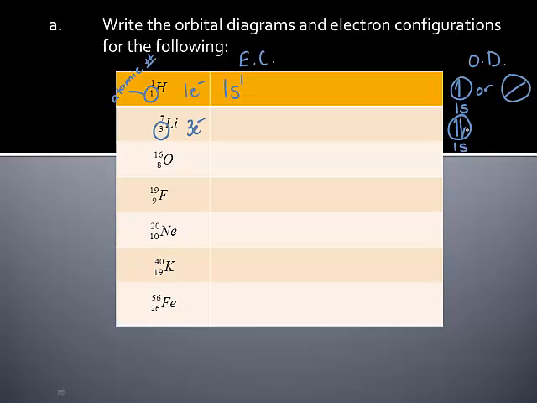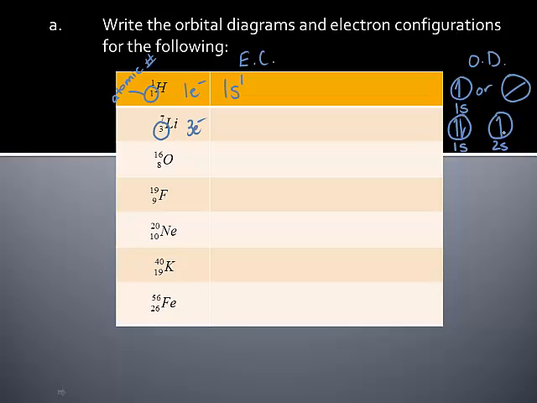The question for you is, is that enough electrons? No. So we need to go on to the next lowest orbital on the diagram, which is the 2s. We have only 1 more electron we need to place, so it can fit into that orbital as a single up-spinning 2s electron.